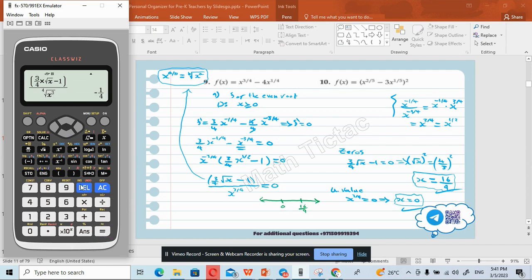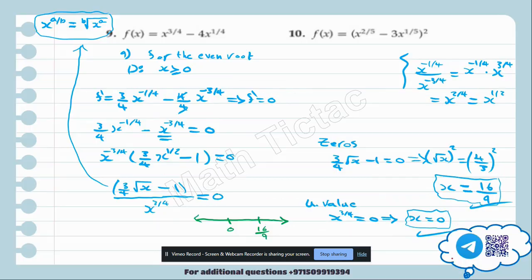which is negative. And what about after the 16 over 9? After 16 over 9 I will take 5, for example, calculate at 5, which is positive. So we cannot take any value over here. In here it was negative, and in here it's positive.